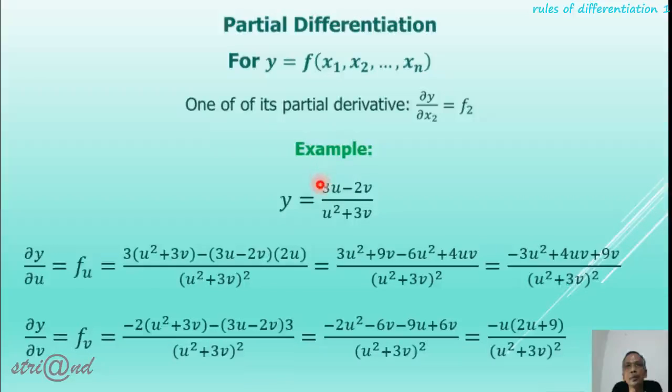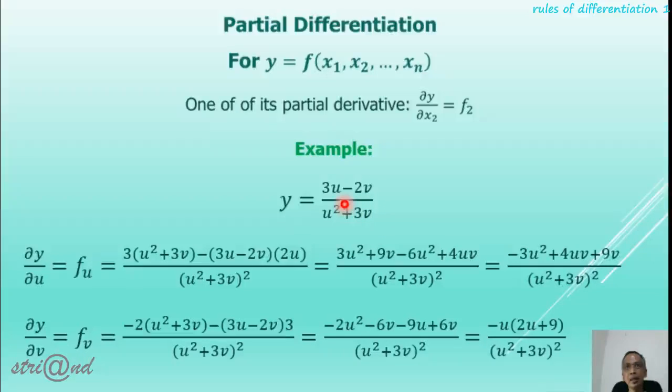The derivative of 3u with respect to u is 3, multiplied by the denominator, minus the numerator multiplied by the derivative of the denominator. The derivative of this denominator with respect to u is 2u, because we are paying attention to u and there is no u in the 3v, so we can consider it a constant, and the derivative of a constant is 0.